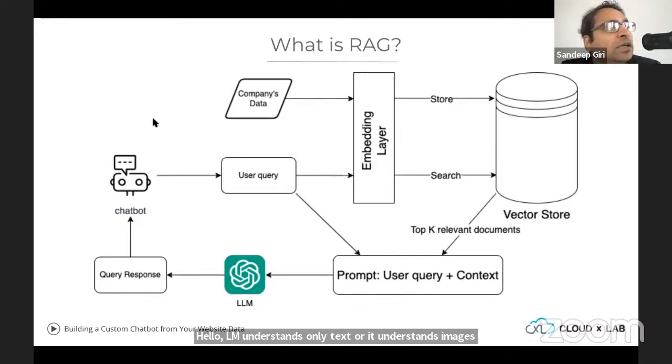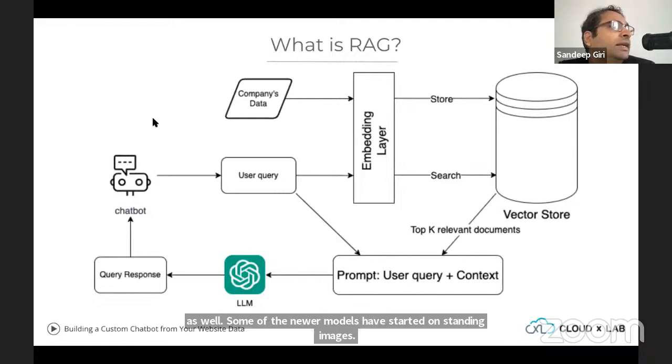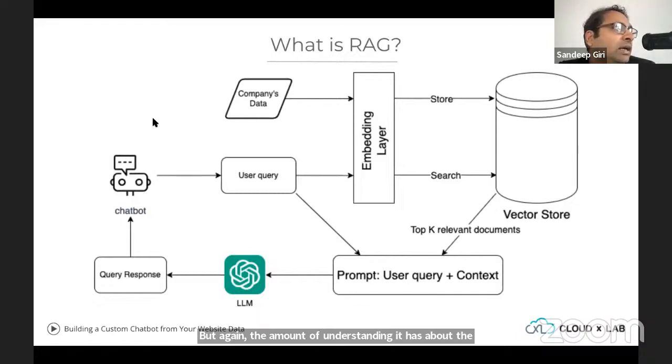Some of the newer models have started understanding images, but the amount of understanding they have about text is way higher than for images. Even in that case, you will have to find snippets of images which are similar to your questions, and then look at those.